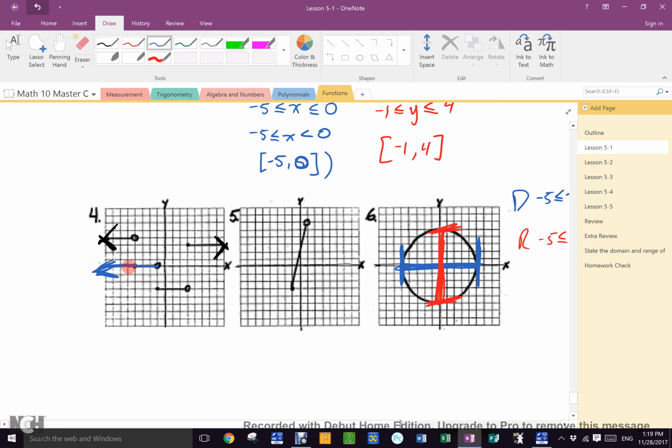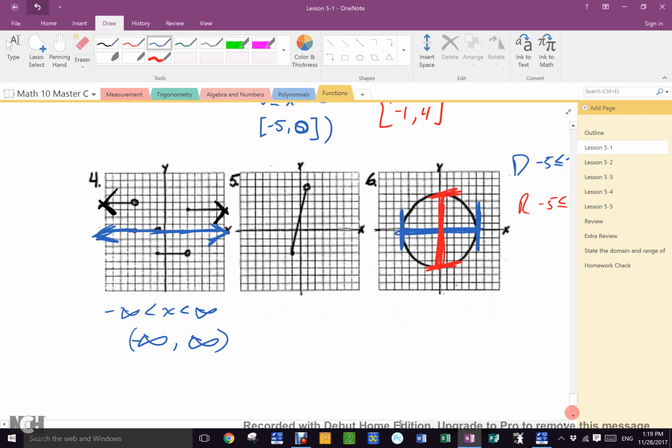So is this still part of the domain? Yep. And then it stopped. Oh, but it started again right there. And then it started again right there. And then it goes on forever.